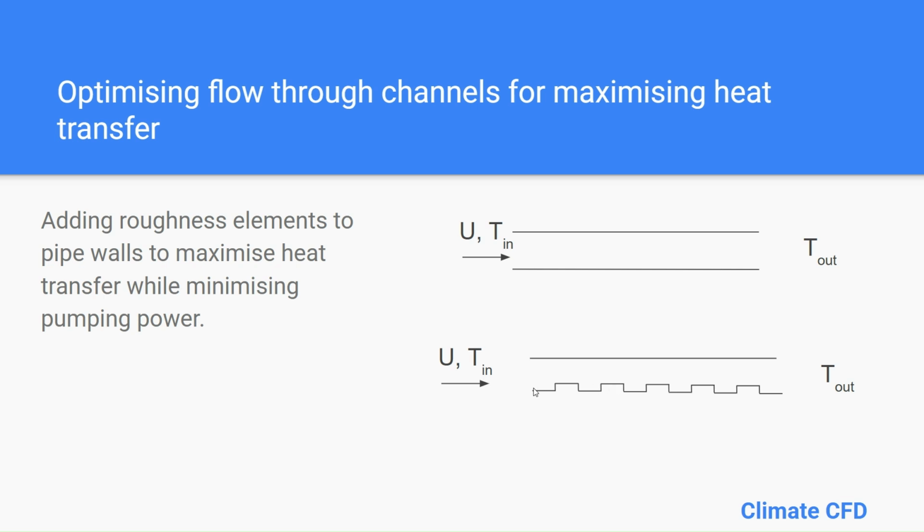What his work was doing was adding roughness elements to the wall of different shapes, different spacings, different heights, to try and maximize the amount of heat transferred between the inlet and the outlet. But another really important parameter is actually the pumping power, so trying to minimize the pressure drop between the inlet and outlet while maximizing the heat transfer values.